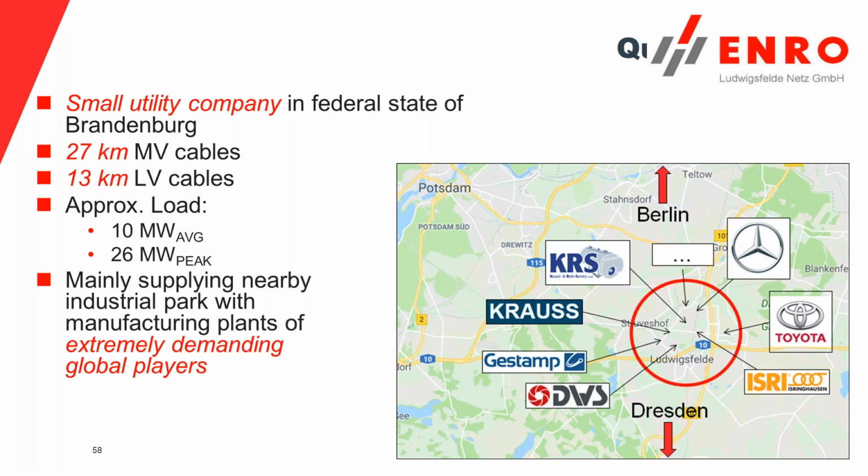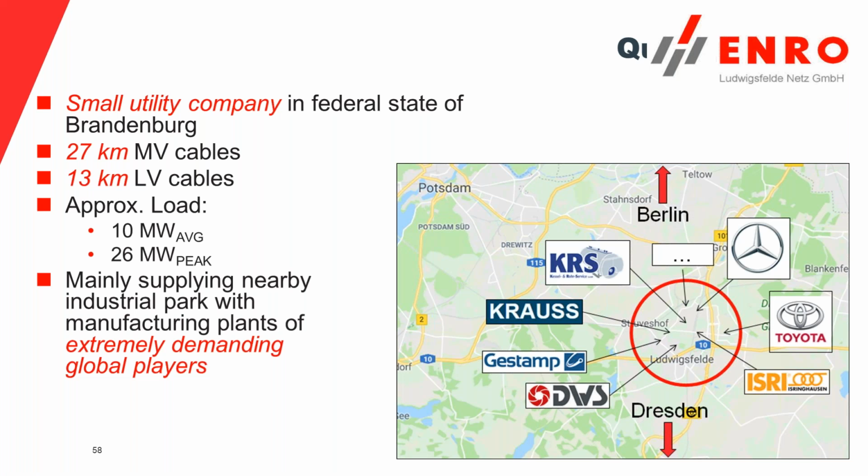Enro, south of Berlin, is feeding an industrial park that has all kinds of global players in it. You have a production facility of Toyota, you have Mercedes, you have ATU Aero, the supplier for the airplane industry.